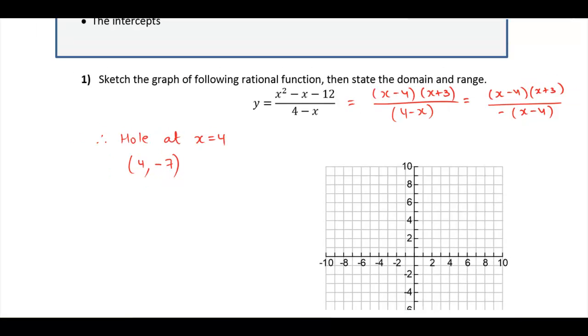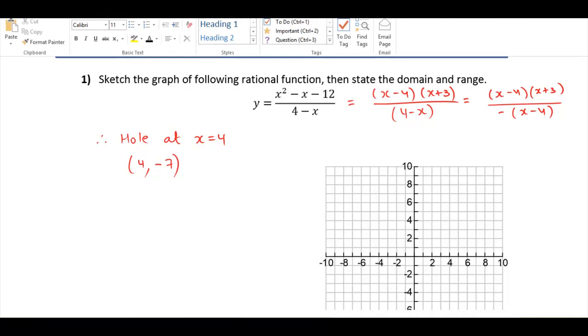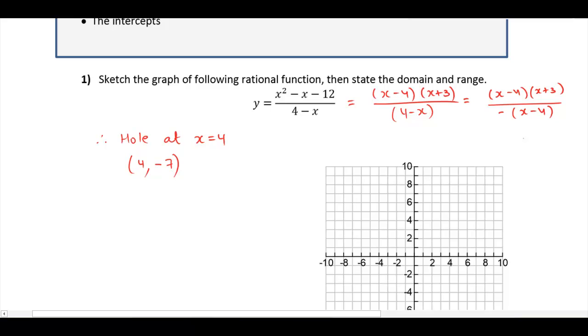Now, in case you're wondering where I got that negative 7 from, I'm actually looking at the reduced form of our expression on the side here. If I reduce that out, what I'm going to be left with is simply negative of x plus 3, which is a linear function. So I know that at the end of it, what I'm going to get is a linear function represented by that equation with a hole in it.